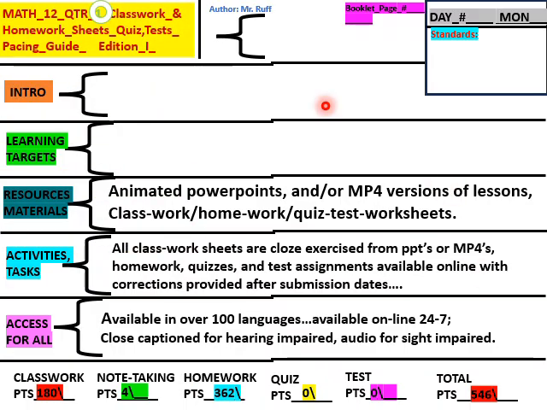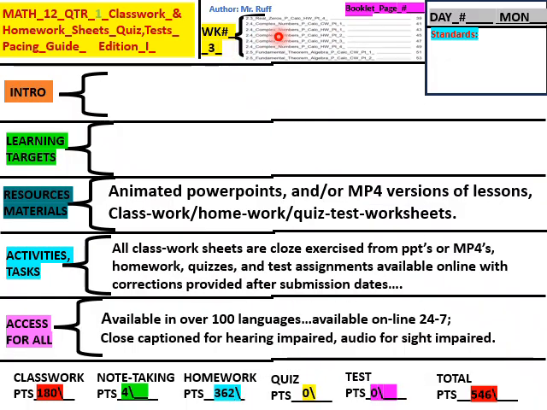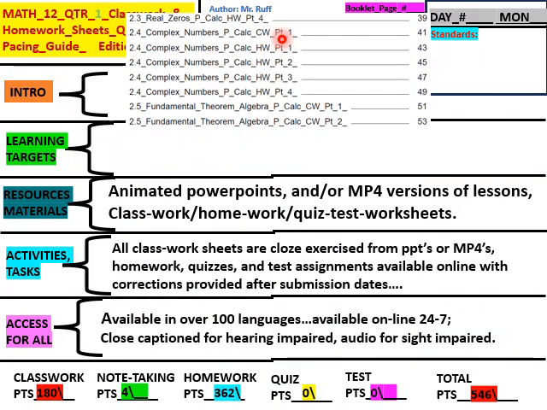Let's go right into our week 3, Math 12 Quarter 1 week 3. These are the lessons for week 3, which is 2.3 real zeros, homework part 4. We start there, finish up 2.3, and then 2.4, we go into complex numbers, classwork part 1 only.